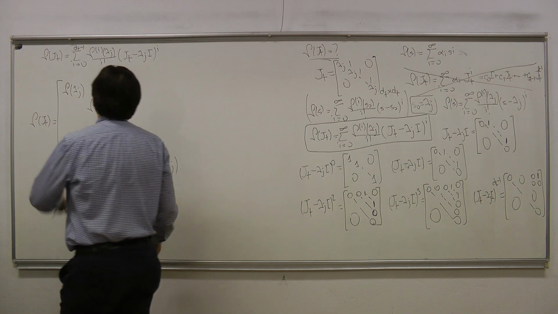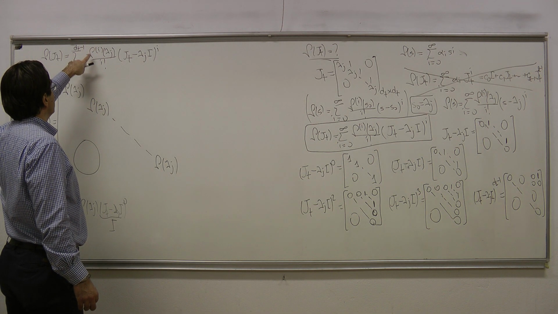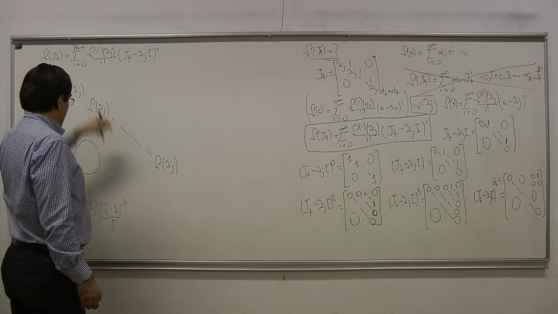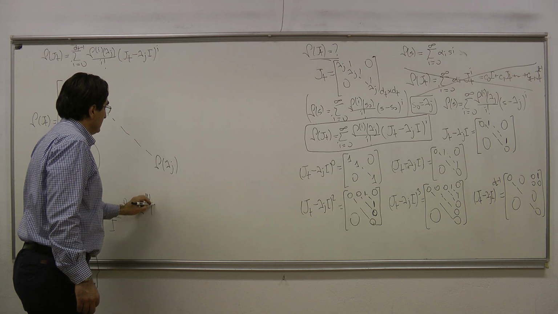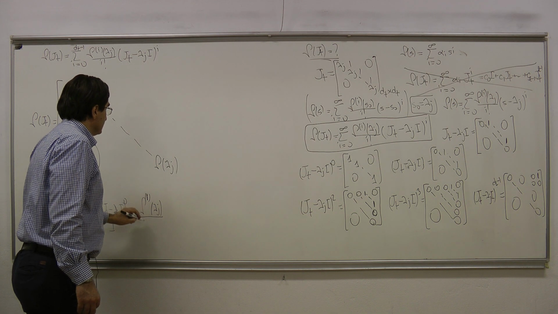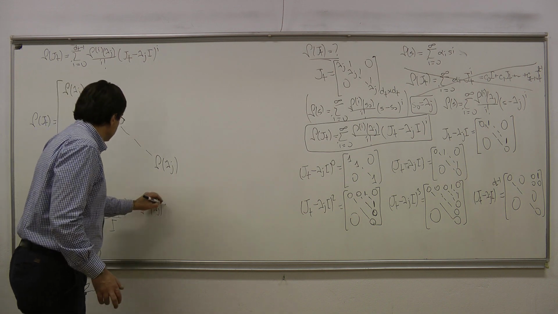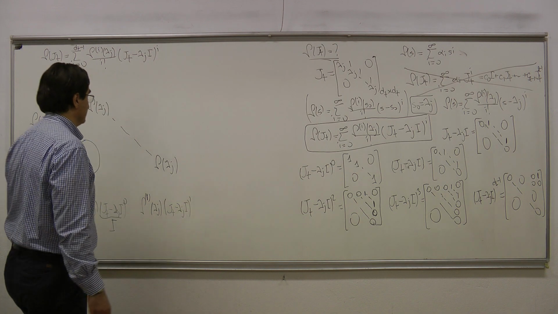And we see what the constant coefficient is when i is equal to 1. When i is equal to 1, I would have f to the first order derivative evaluated at lambda j divided by 1 factorial, but it is still 1, okay, times jt minus lambda j identity to the power 1. Okay?